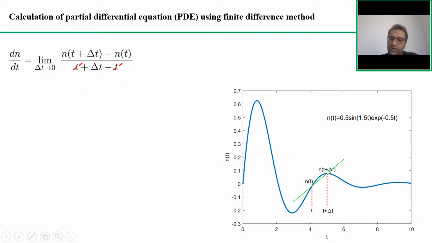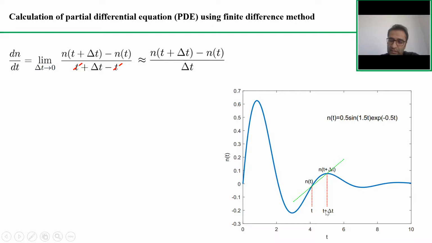You see, the value of the function at this point minus the value of the function at this point, divided by t plus delta t at this point, then minus t at this point. These two t cancel each other, and we can approximate the definition of the derivative with this expression. But we should take into account that delta t here should be very small. It should be very close to 0.